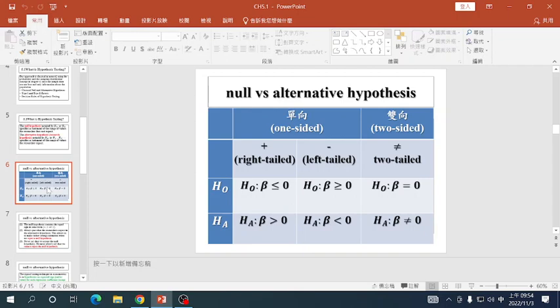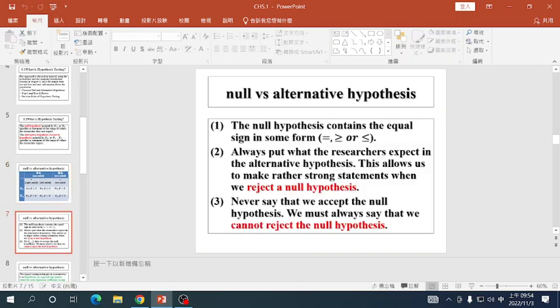Okay? And this is some conclusion I just made. The null hypothesis contains an equal sign in some form, either equal, or greater than or equal to, or less than or equal to. All right?